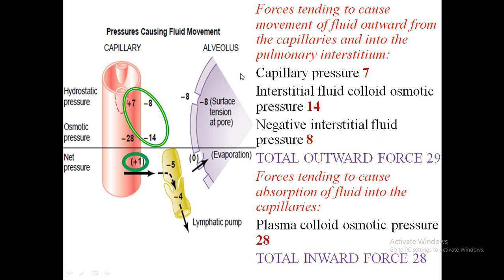Now this becomes very important in clinical scenarios. If we omit the presence of the lymphatic pump, then what will happen? This excessive pressure will be exerted on the alveoli, and the fluid will tend to move inside, which will lead to collapse of the lung.